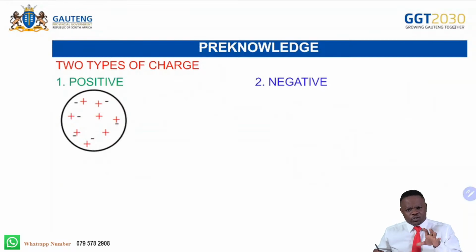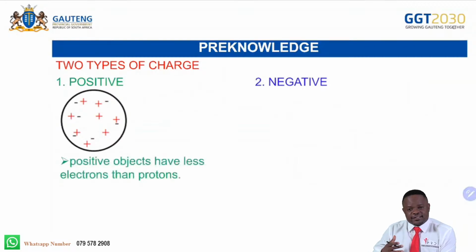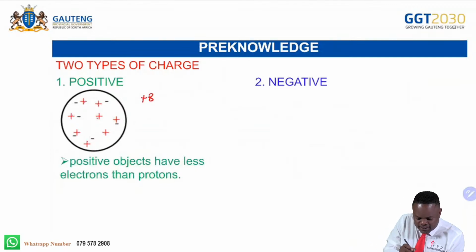And therefore, in a positively charged body, there are fewer electrons than protons. When you look at that image, we can count how many positives we have: 1, 2, 3, 4, 5, 6, 7, 8. Plus 8.